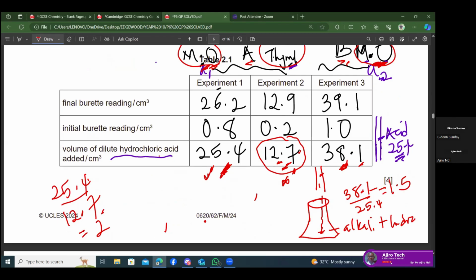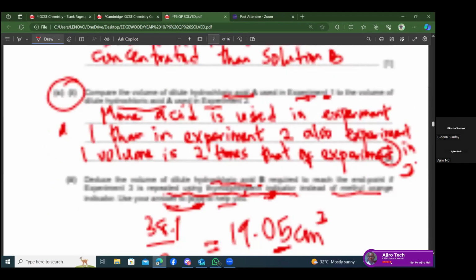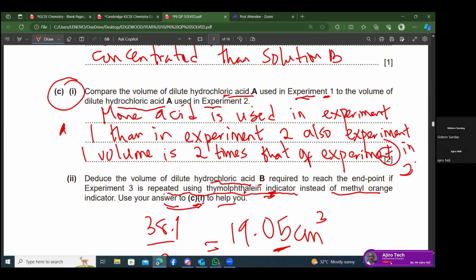Since experiment 1 has a larger volume than experiment 2, and that question is for 2 marks, you have to state 2 reasonable points. So more acid is used in experiment 1 than in experiment 2. Also, the volume of experiment 1 is 2 times that of experiment 2. To know this, all we need to do is divide the value of experiment 1 by that of experiment 2 to get the number of times.